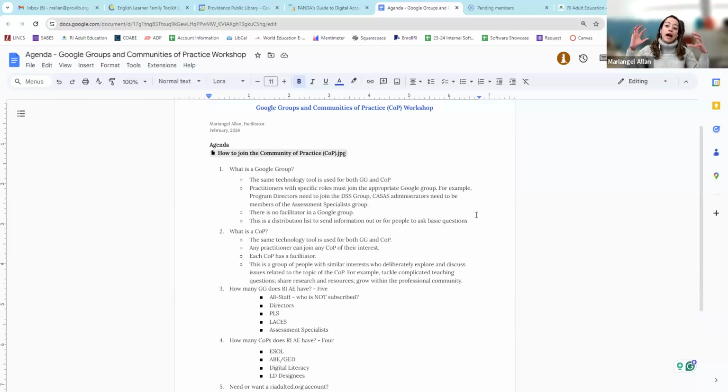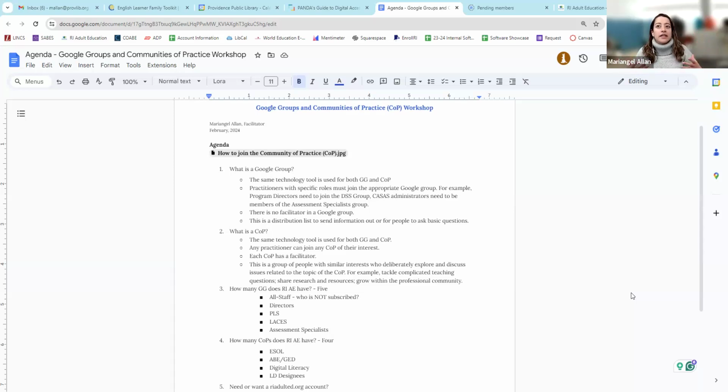In our case, in Rhode Island Adult Ed, the platform that we're using is Google. So that means that the technology used for the Google groups is actually the same technology tool that we use for the COPs. So in general terms, both Google groups and COPs share the same foundation.